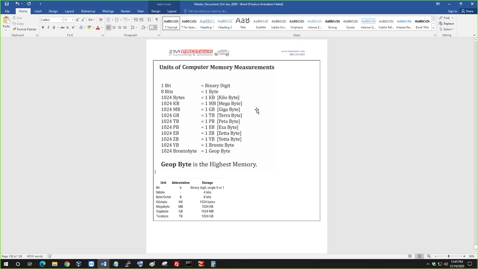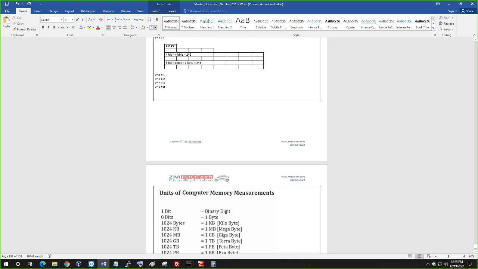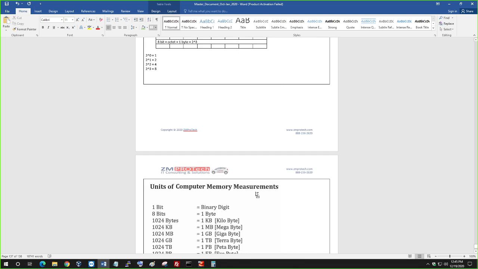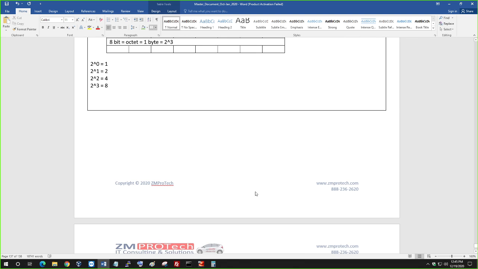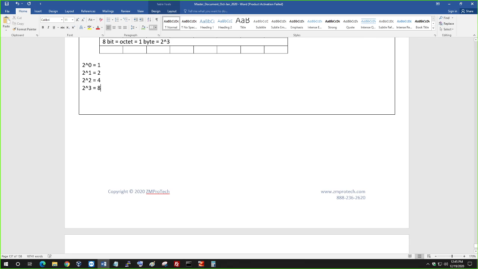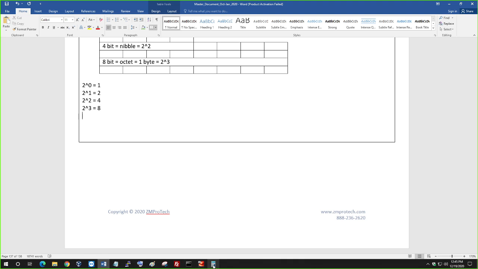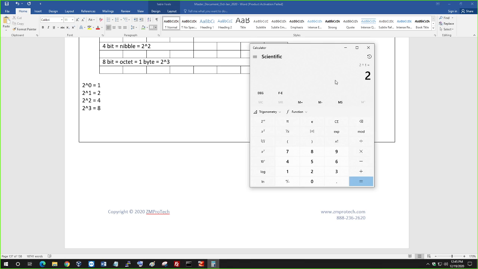So we normally don't worry about the nibble part, but we worry about starting from 1 byte and 1 kilobyte. Okay, so by the time you get to 1 kilobyte, so 1 kilobyte is 2 to the power of 8, 9.